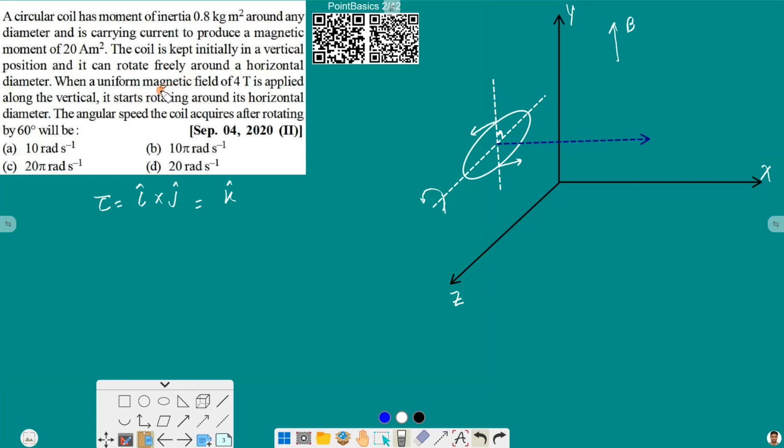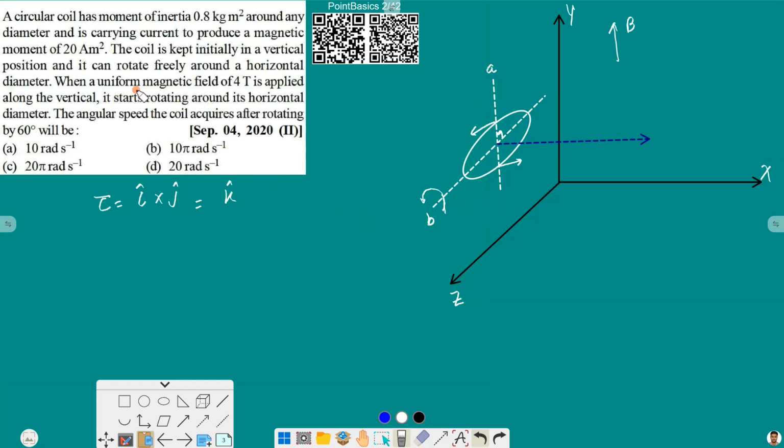Now what happens? The coil is initially kept in vertical position and can rotate freely about a horizontal diameter. So horizontal diameter, let's mark these diameters also. This is diameter A, this is diameter B. Here B is acting as a horizontal diameter and A is acting as a vertical diameter.